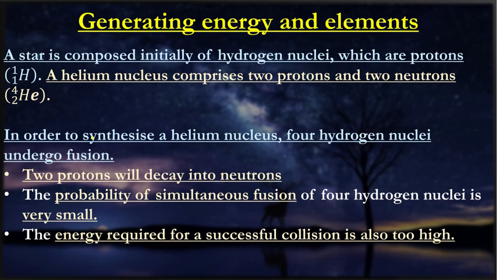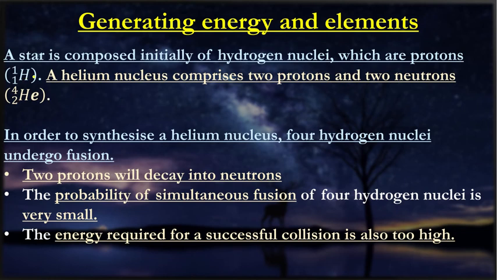Okay? So in order to synthesize a helium nucleus, 4 hydrogen nuclei undergo fusion. 2 protons will end up becoming neutrons. However, the probability of having 4 hydrogens, each colliding with each other to make a helium atom, is very low. Okay?